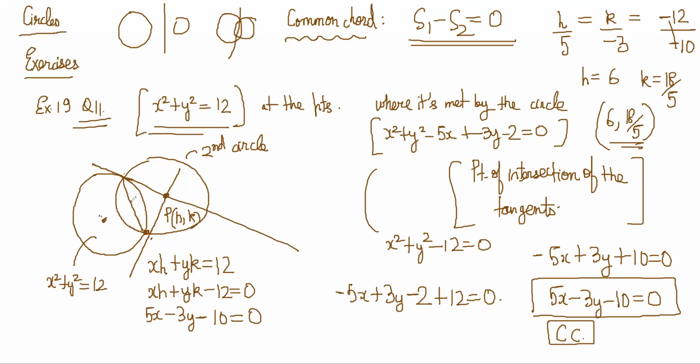Next, question 14. Find the condition that the chord of contact of tangents from this point should subtend a right angle at the center. We have already discussed this. Chord of contact is going to subtend a right angle at the center. Okay, I'll just refer to that then.